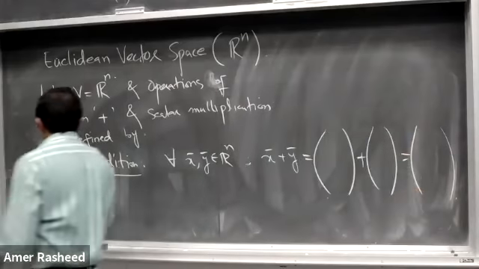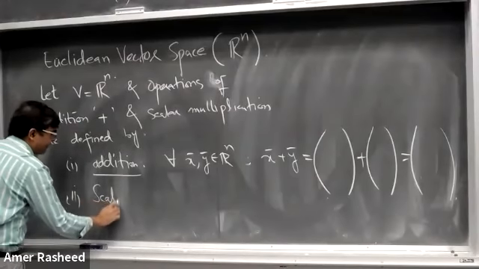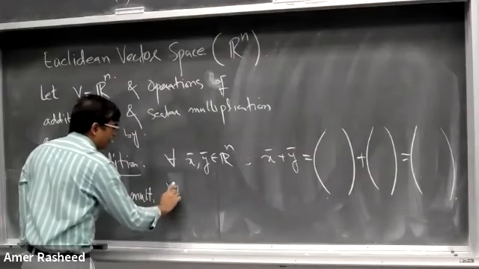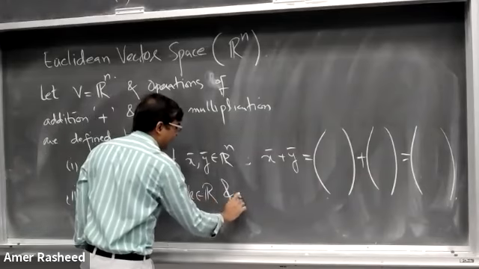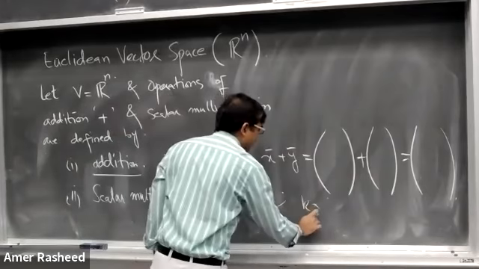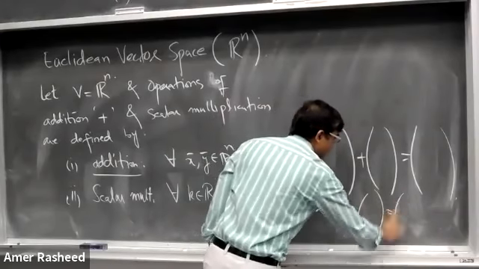Scalar multiplication is defined in a similar fashion, as we defined earlier. For all k belonging to R and x belonging to Rn, k times x is equal to this.